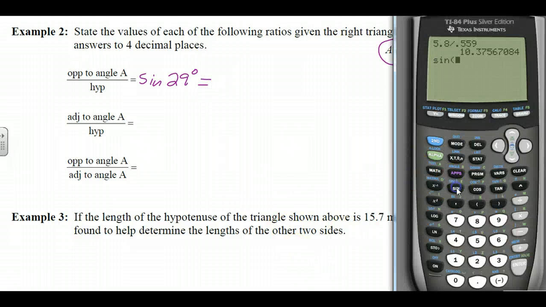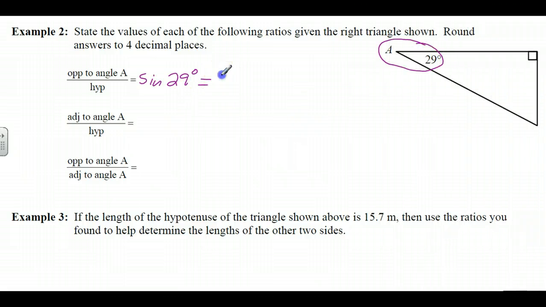Remember, we had to set to degree mode. Sine 29, close the bracket: 0.4848, rounding to 4 decimal places. Sine, cos, and tan are all ratios. They don't have numbers or units associated with them.